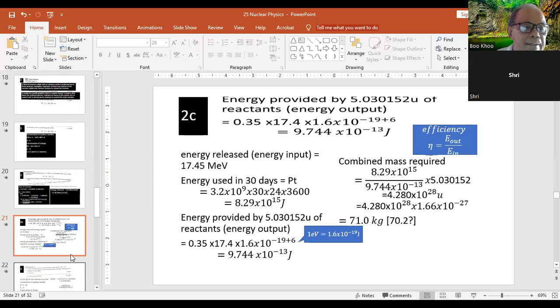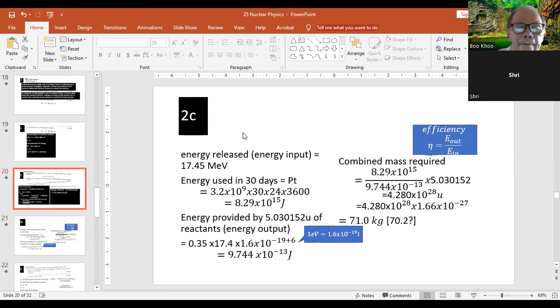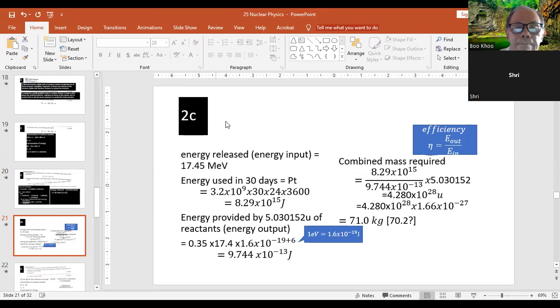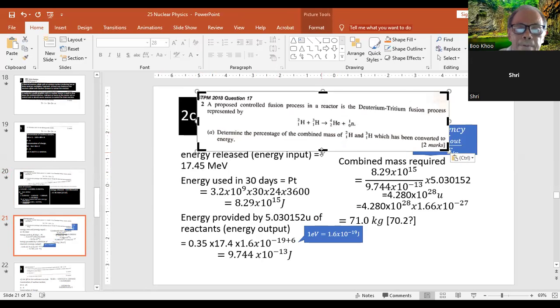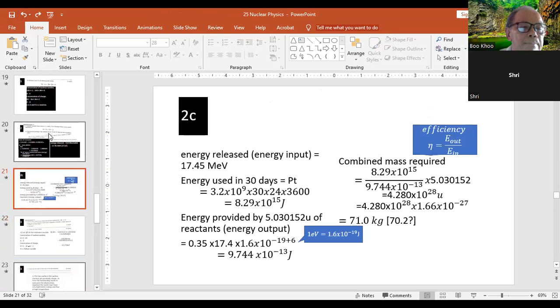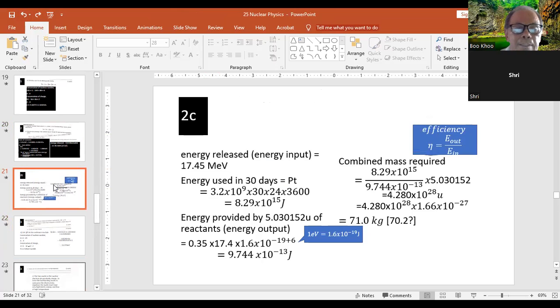Something is wrong with my computer. There's some virus there.